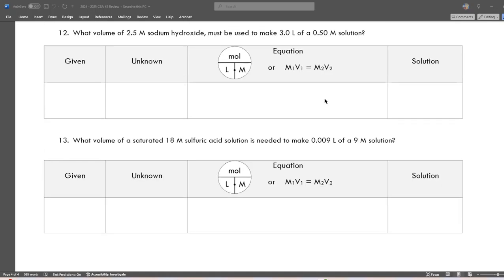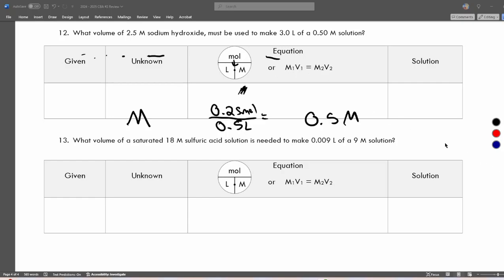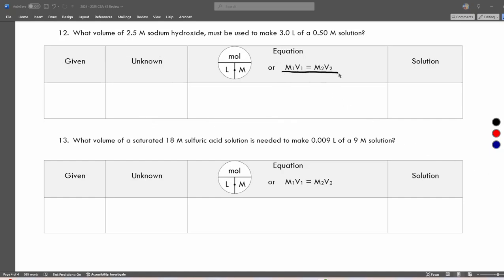All right, this one says, what volume of 2.5 molar sodium hydroxide must be used to make 30 liters of a 0.5 molar solution? Again, there's one of our key things that we were looking at. This tells us something. So look, we got 1, 2, 3 numbers. We said if we got 3 numbers, we're going to use this equation here.